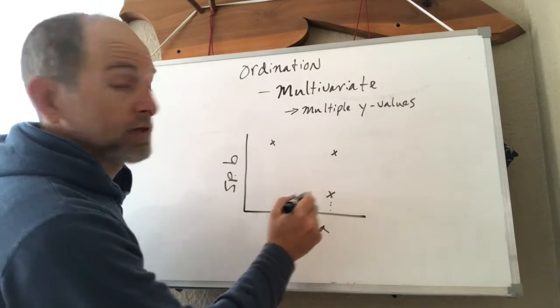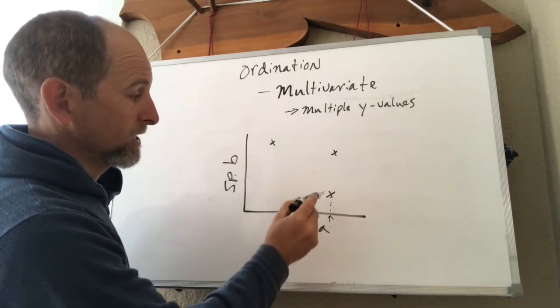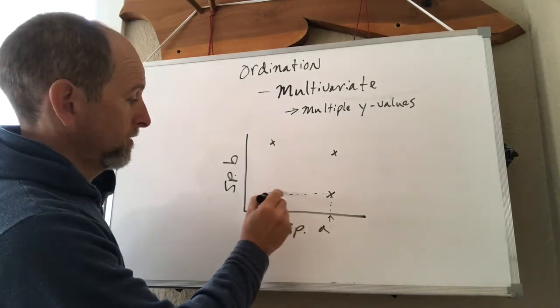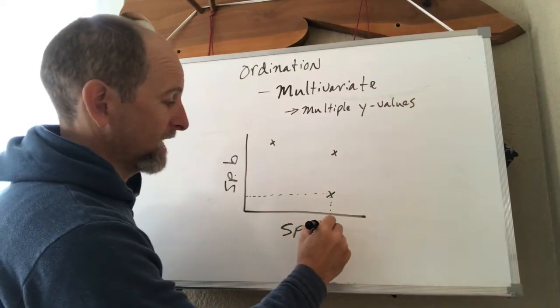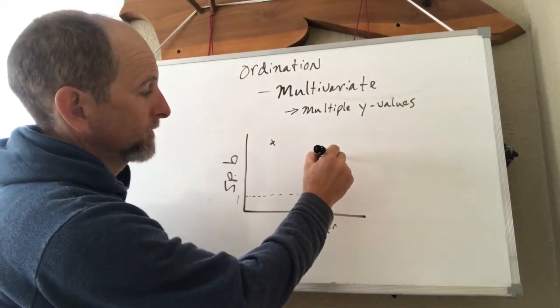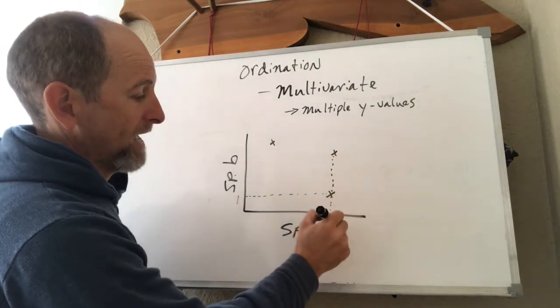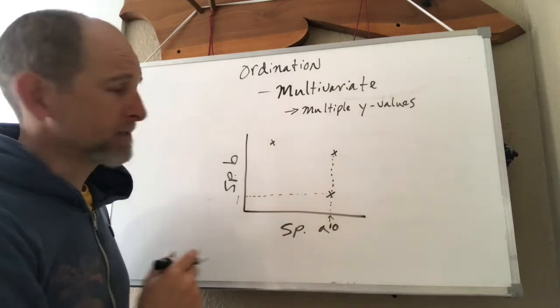This community here has this amount of species A and this amount of species B. So if this was 10, this might be 1. This community also has 10 species A, if that's what that mark on the x-axis is.